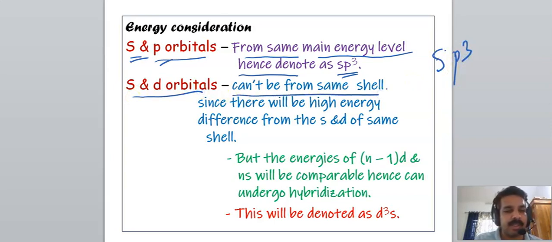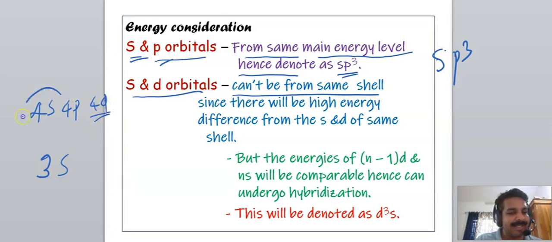Because if it is from the third shell, 3s, or the fourth shell, 4s, 4p, and 4d, this d and s have very much different energy, because we know that in between, actually 5s comes.